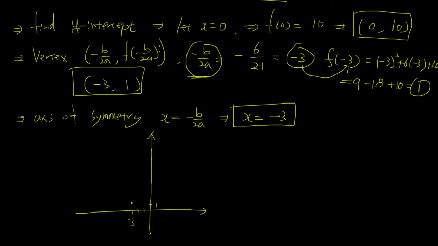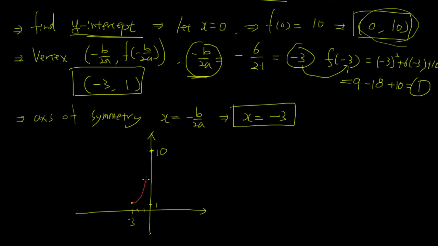What's our y-intercept? The y-intercept is (0, 10). So let's say that's 10 here. So this is our vertex point, which is the minimum point, and the graph is going to pass through the y-intercept. So the graph should be something like this.